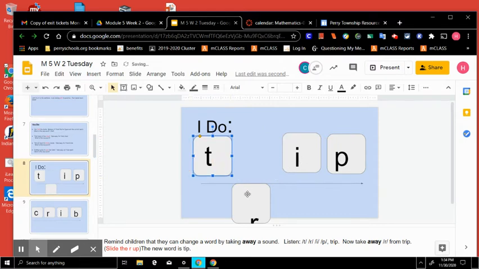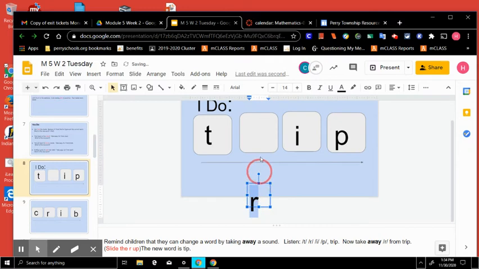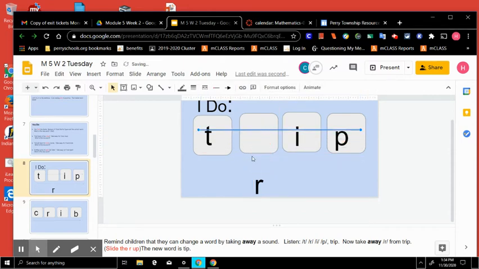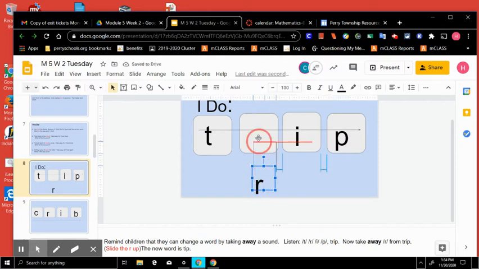So my word was trip, but when I took away the R, my word became tip, like the tip of your pencil.